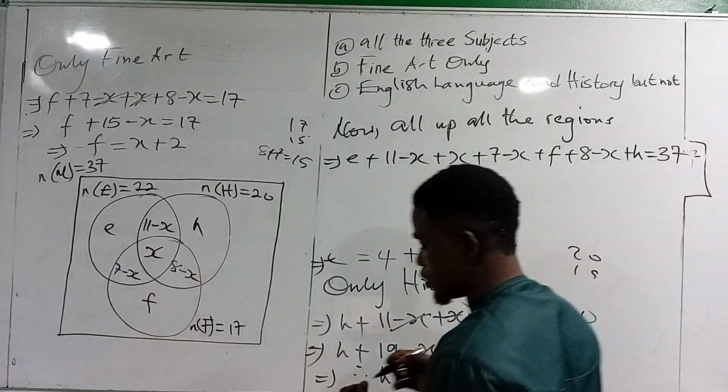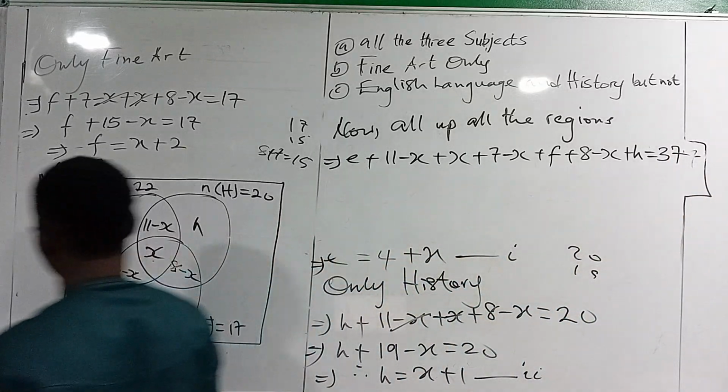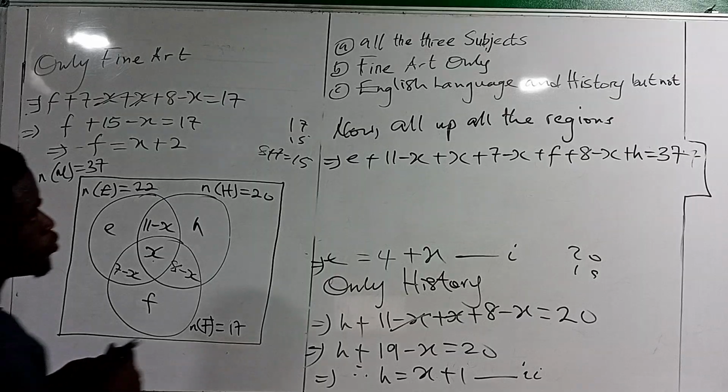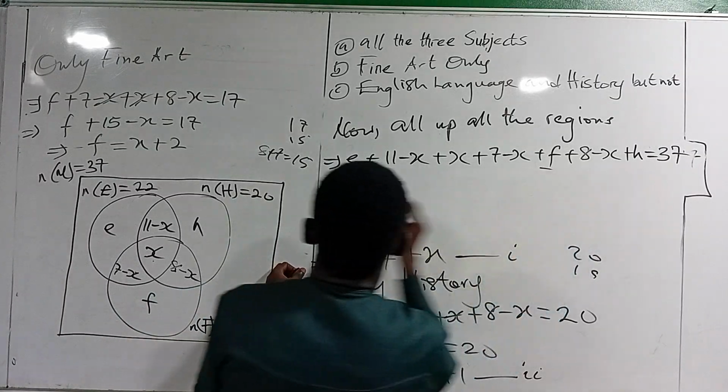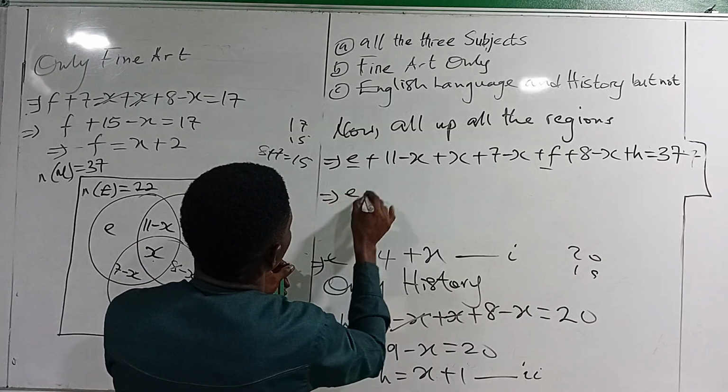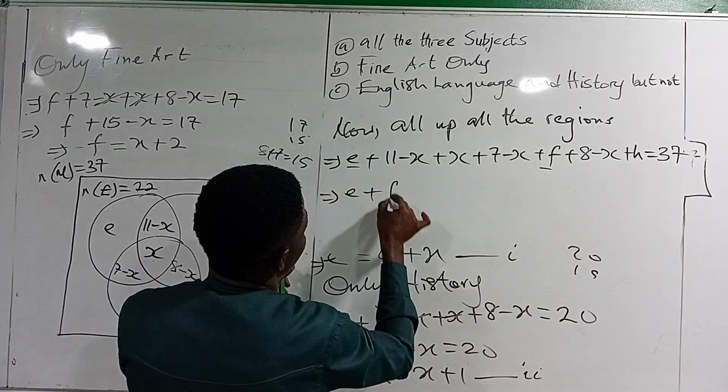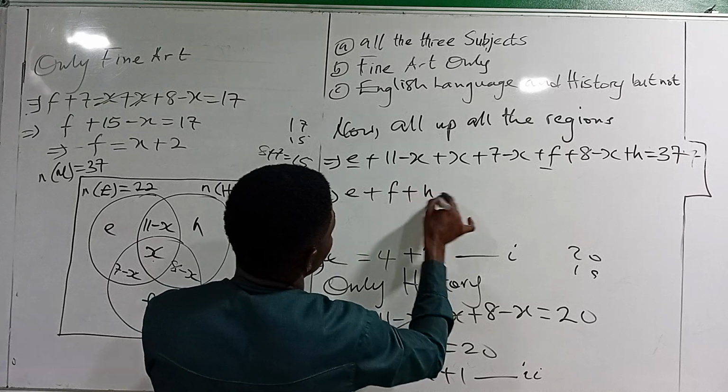That is the number of the vacancy in that school. Now, we have E, we have F, and we have H. Bring them together. We have E plus 1 plus F plus 1 plus H.